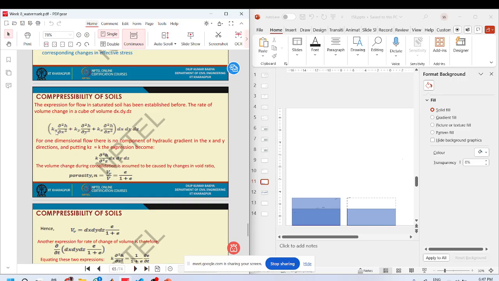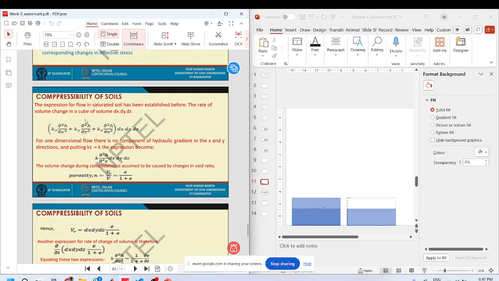Let us say that the material is isotropic, and it does not have different permeabilities in different directions. So this will be K, and you take this out, this will be K del square H by del X, del square H by del Y, del square H by del Z.